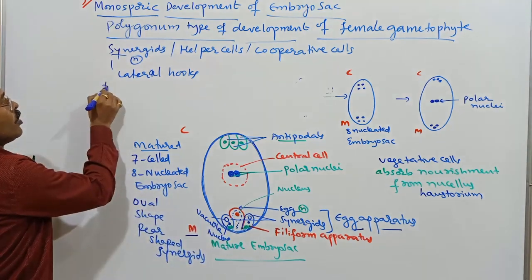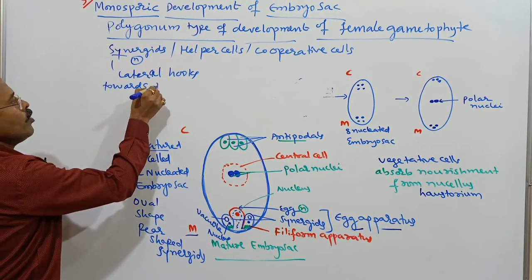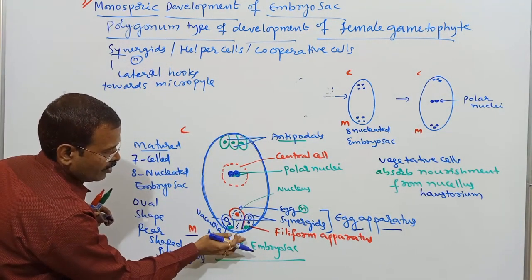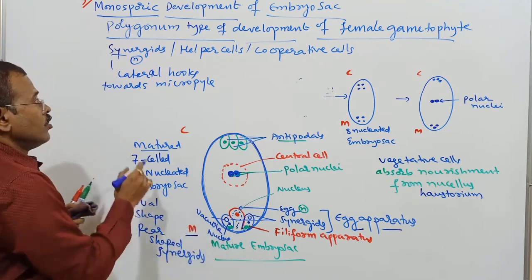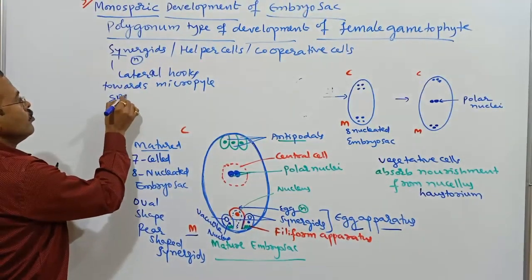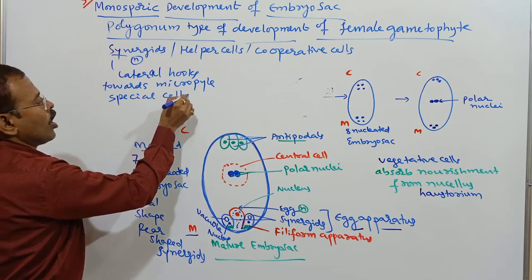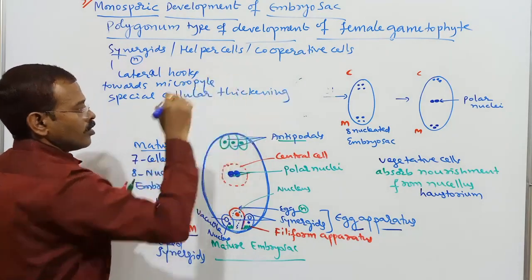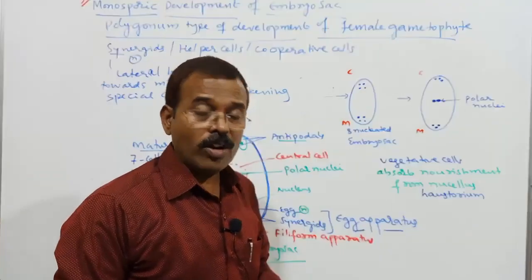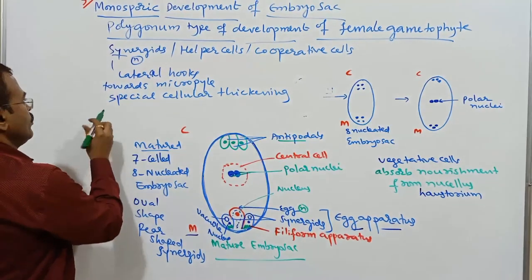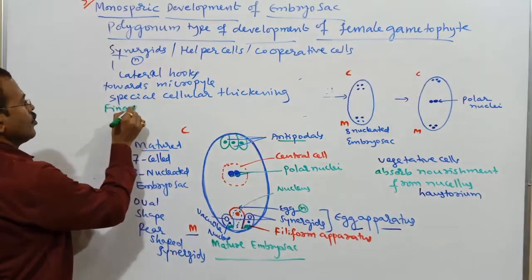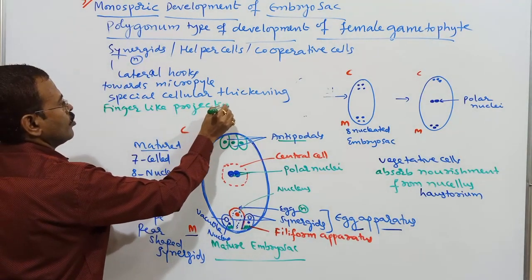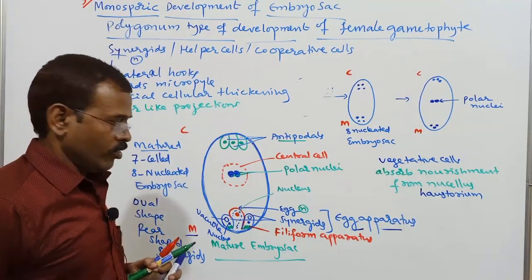Towards the micropylar region, the synergid has special cellular thickenings or finger-like projections.